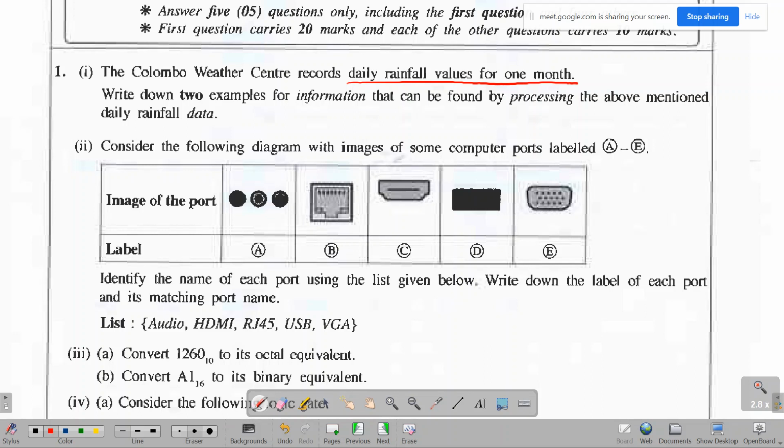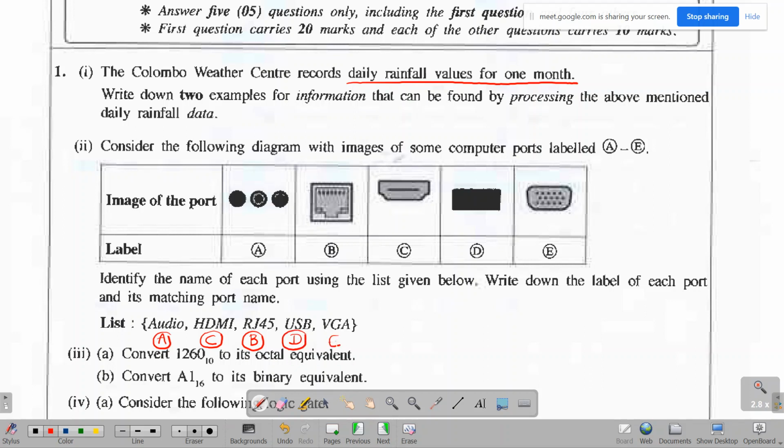The first one, it's the audio port. So this goes with A. And the next one is the network port, the RJ45. So this goes with B. And C means the HDMI. D, the picture is not clear in my copy, but they are talking about the USB.